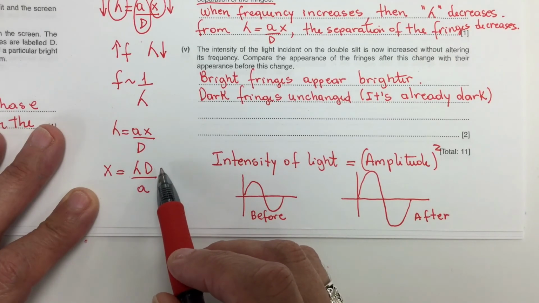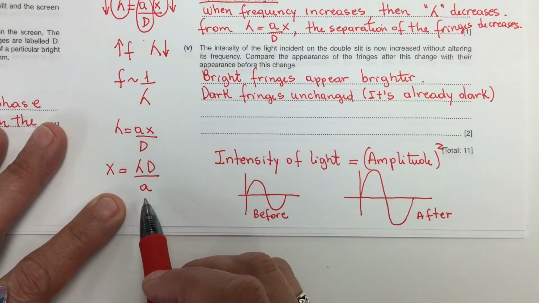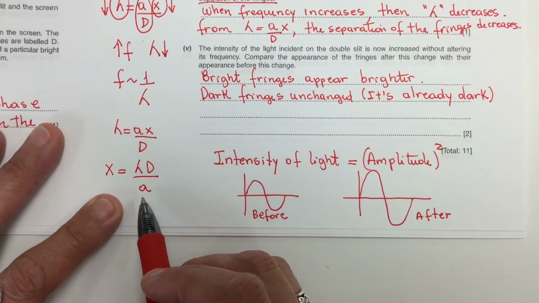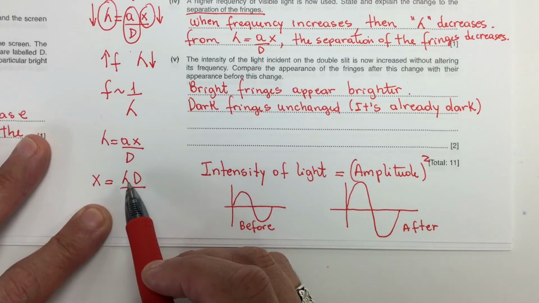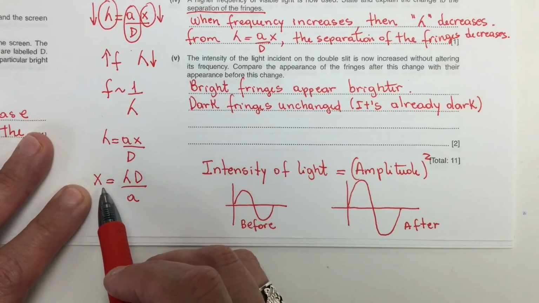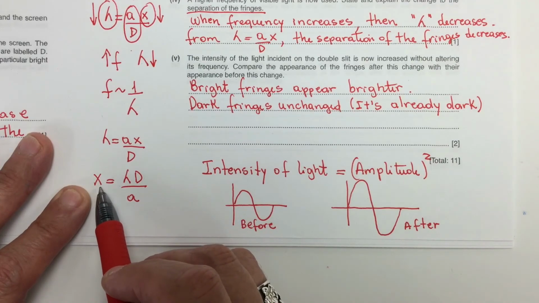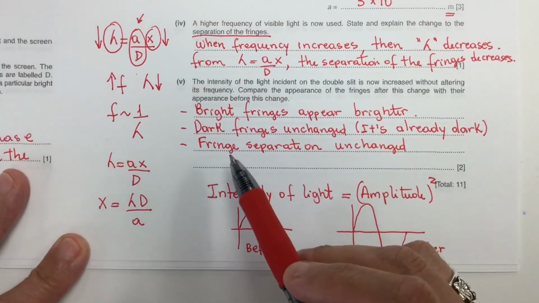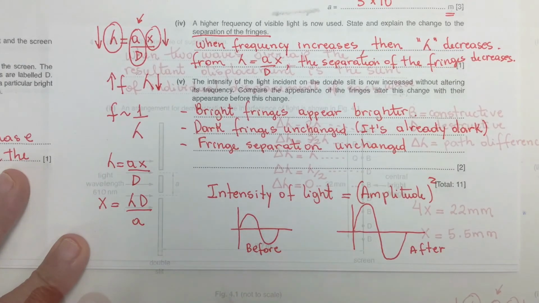The distance between both screens is the same. And a is the distance between the slits, which did not change at all. So x, which is the fringe separation, remains the same. So the fringe separation is unchanged.